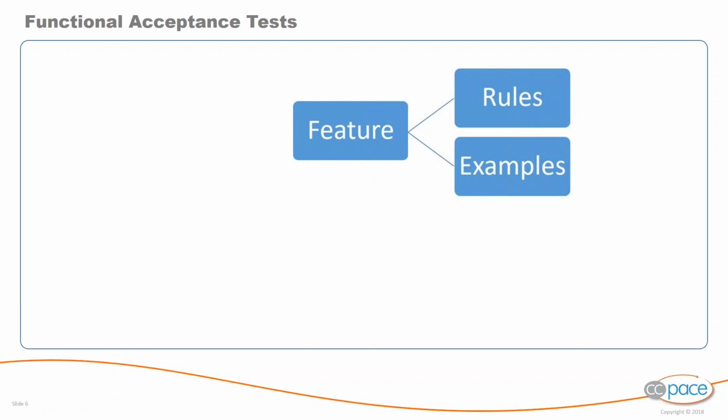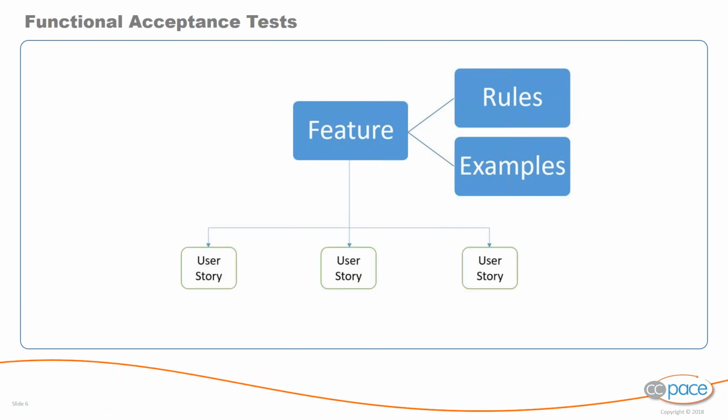A feature can also be broken down into one or more user stories, and you could have the acceptance criteria at the user story level as well, but the concept still remains the same. A major aspect of functional acceptance testing is in coming up with these rules and examples for the features that are going to be worked upon within a given sprint.